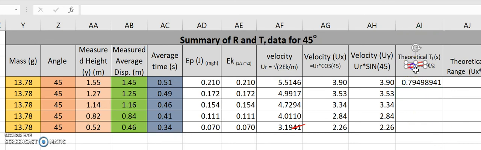And that should now be our theoretical time of flight, 0.79 seconds.